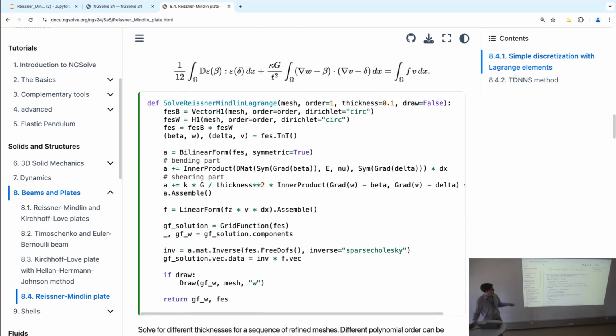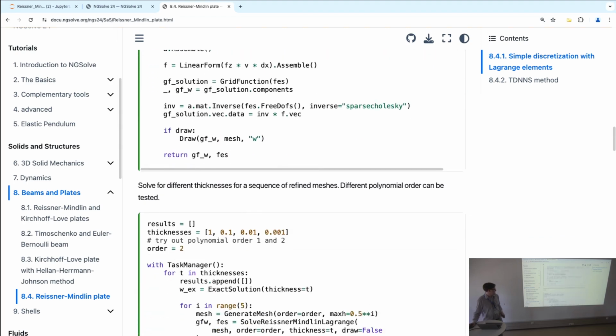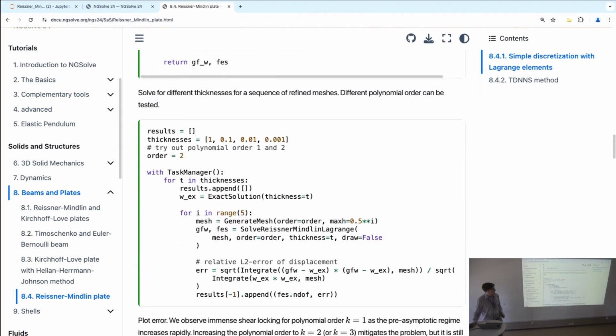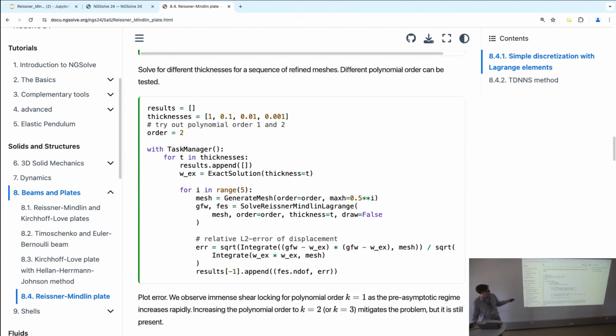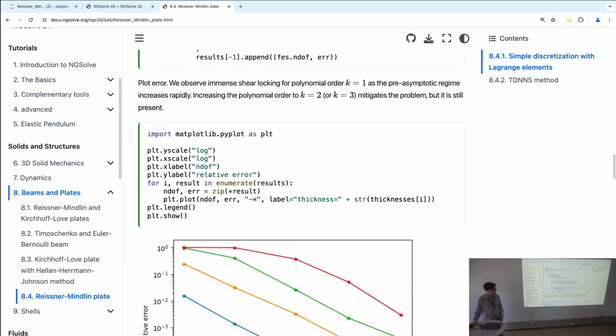And here again is the equation, and we have a bending part. We can just write it symbolically as written there. The shearing part is here. We now know how to do this. And now I make a little test. I have a sequence of thicknesses, moderate, from 1 to 10 to the power minus 3, and I use polynomial order 2 and a sequence of meshes and compute the error.